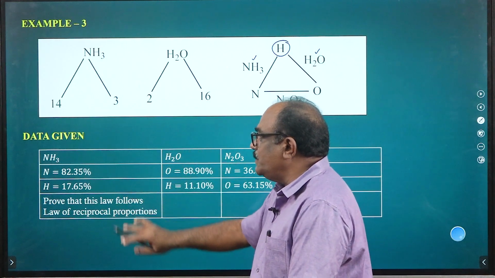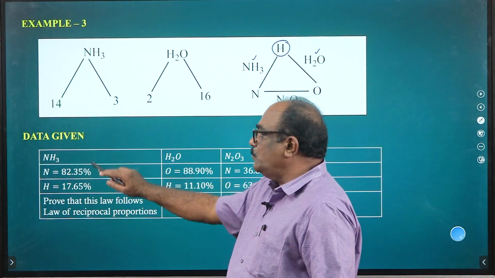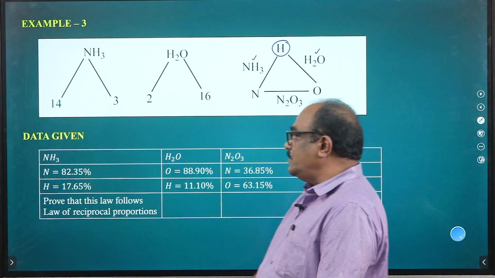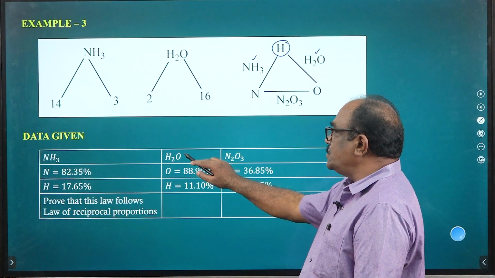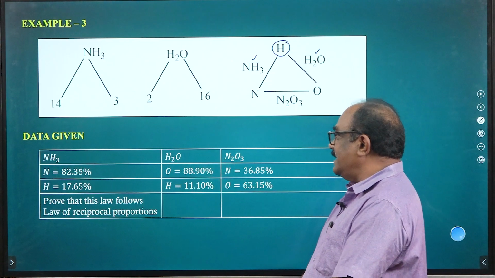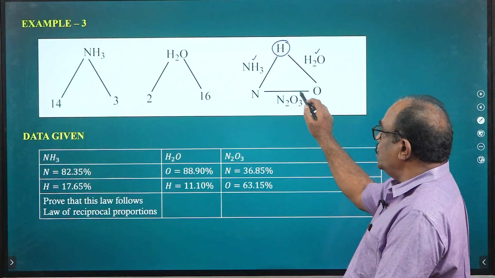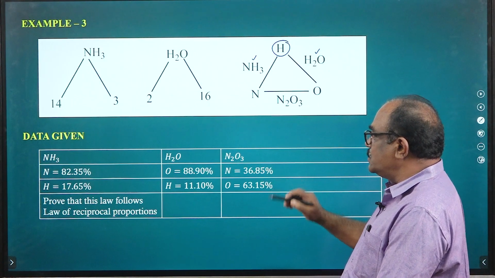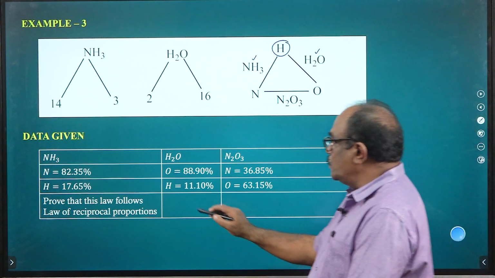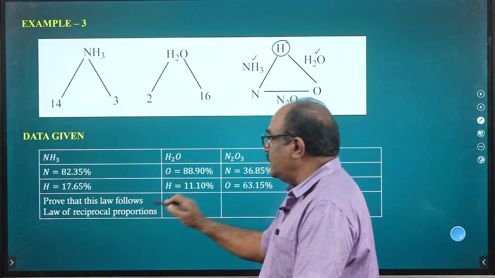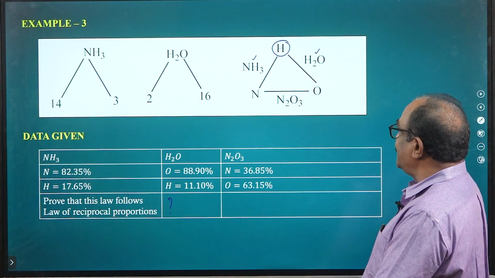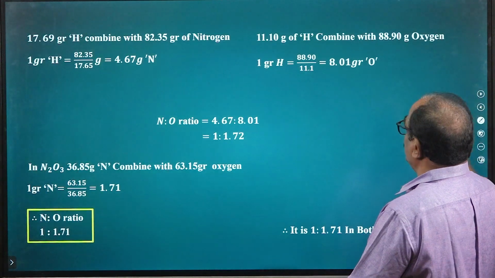What is the data given? Please verify. In the combination of ammonia, the nitrogen percentage and hydrogen percentage are given. In the combination of water, the oxygen percentage and hydrogen percentage are given. In N2O3, the nitrogen percentage and oxygen percentage are given, and the question asked is to prove that the data follows the law of reciprocal proportions.